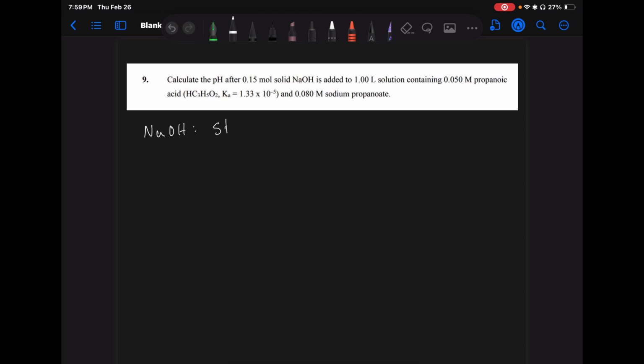Propanoic acid and sodium propanoate is a buffer, because we have the acid and the conjugate base of that acid. So we're putting it into a buffered solution.